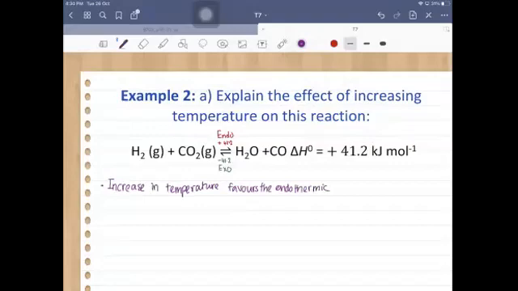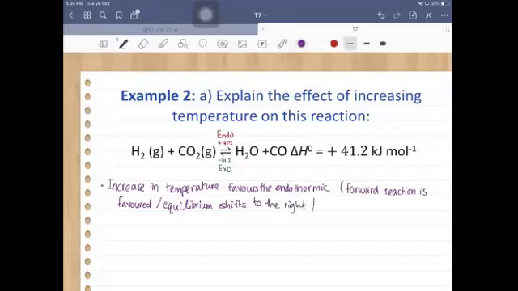Okay, so this is the same as saying forward reaction is favored, or we say that the equilibrium shifts to the right. Okay, so sometimes it is worth mentioning because the question will ask you what is the effect of increasing temperature on the equilibrium. So mention that the equilibrium shifts to the right.